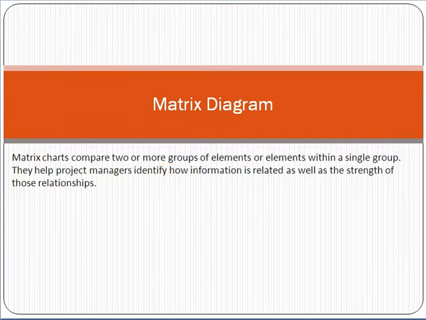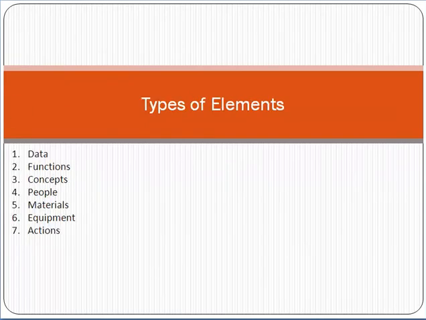Now, what are the elements which we have to consider when we are making the matrix diagram? Like data, functionality, concepts, people who are involved, materials, equipment, actions. All these types of elements can be involved in making the matrix diagram.